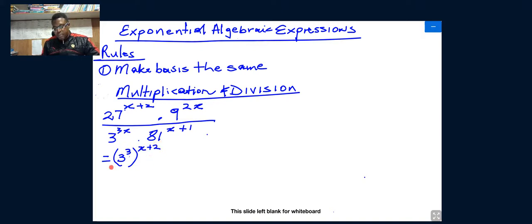Immediately here, I see one of the laws of exponents, and the name is power to another power. And when we have a power raised to another power, we multiply those exponents. That is the rule. You can't change that. And 9 can be expressed as 3 squared. I see the same thing again here. Power raised to another power. Well, 3 is fine.